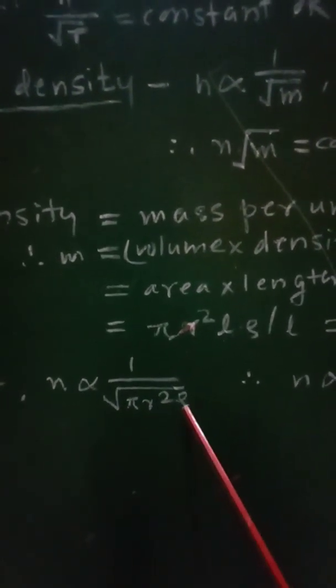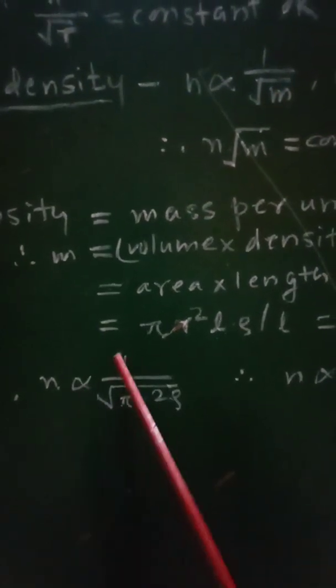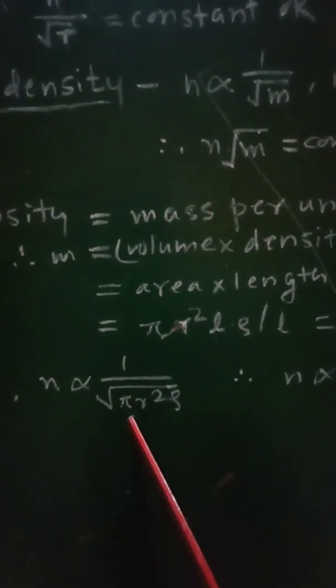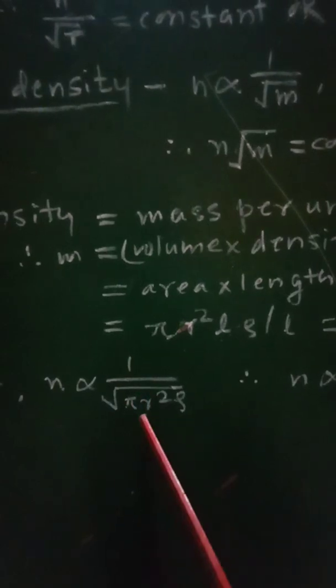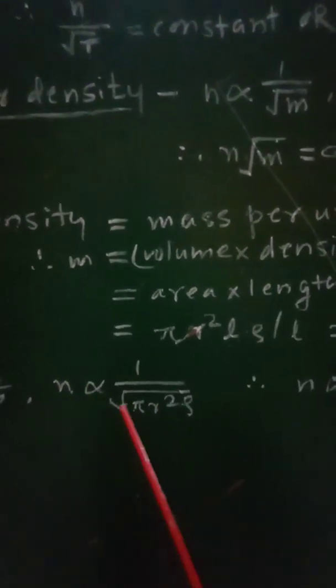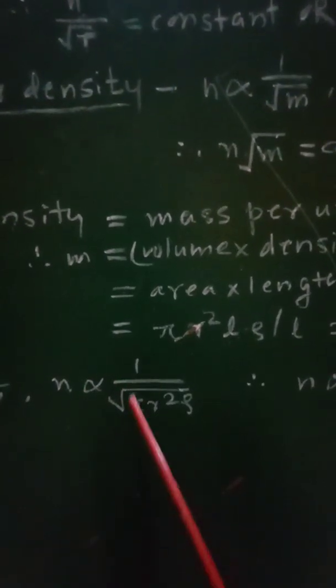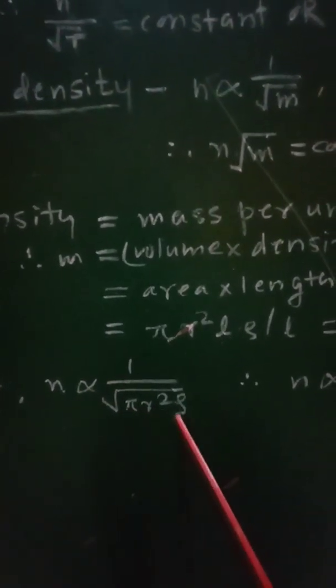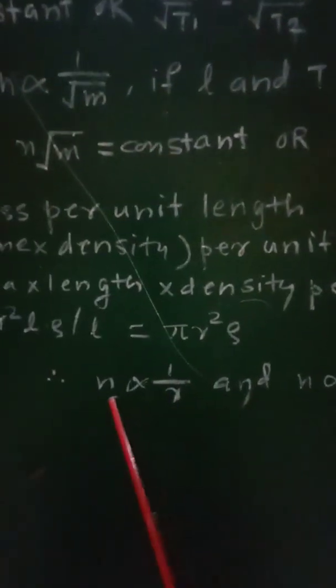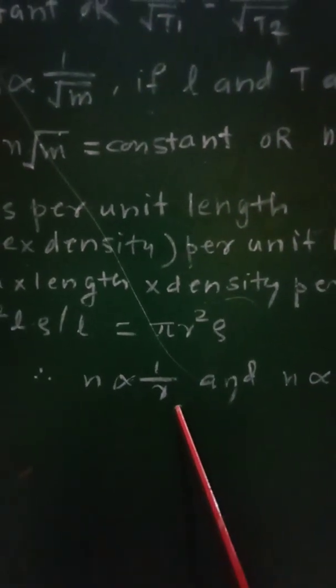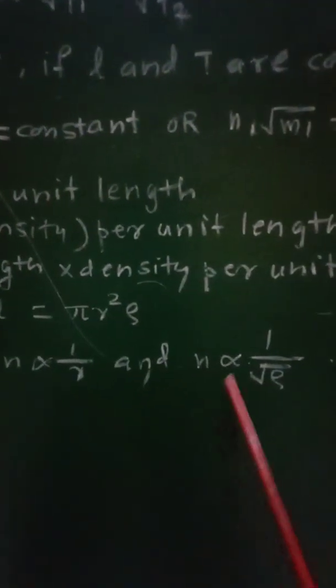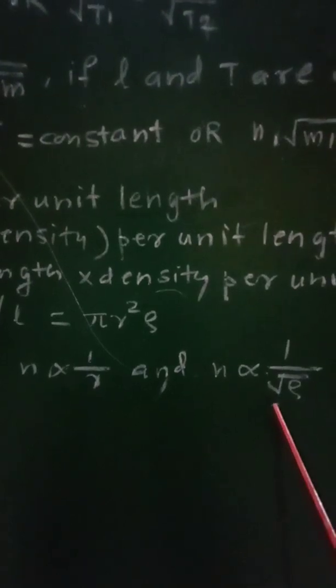If density is constant, then n will be proportional to 1 by r. And if r is constant, then n will be proportional to 1 upon root rho. And therefore we can write n proportional to 1 by r and n proportional to 1 by square root of rho.